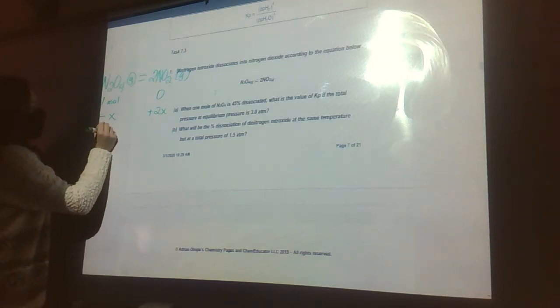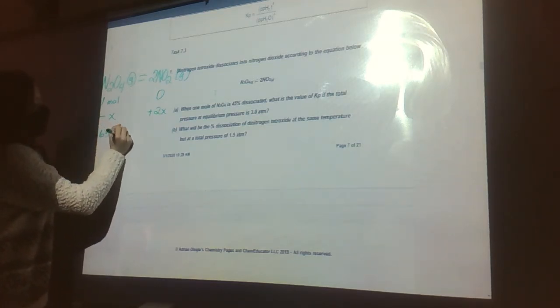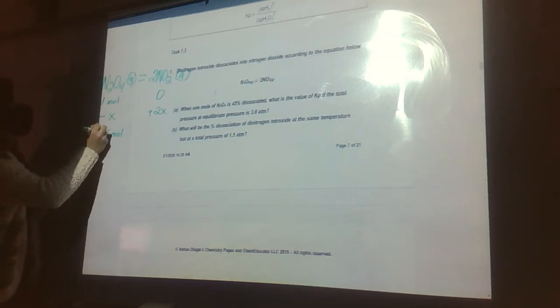What does that mean if 45% of it went away? How much do I have at equilibrium? 55%. And 55% of 1 is 0.55. Yes. It's 45% dissociated, which means you have 55% left.